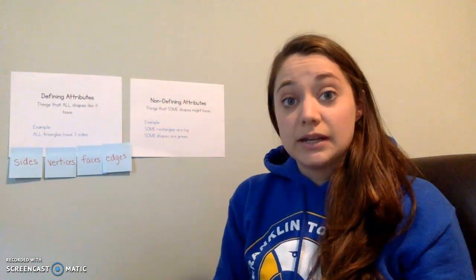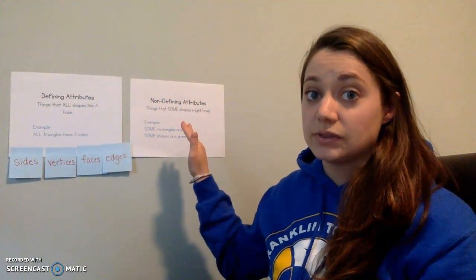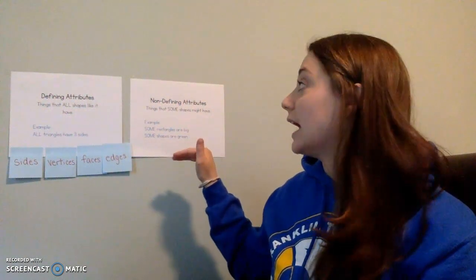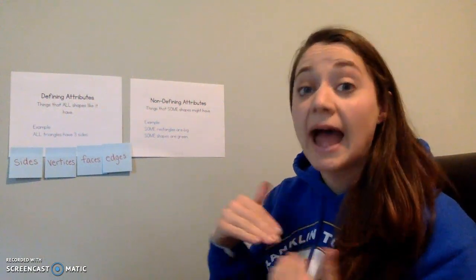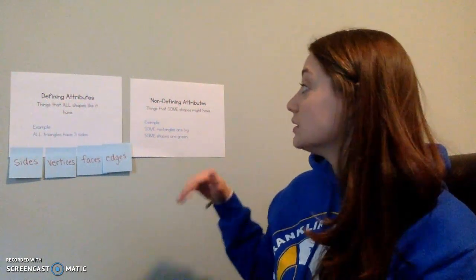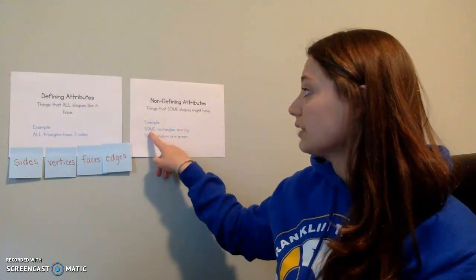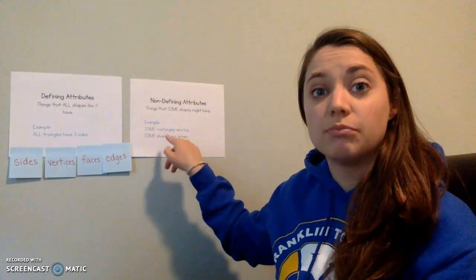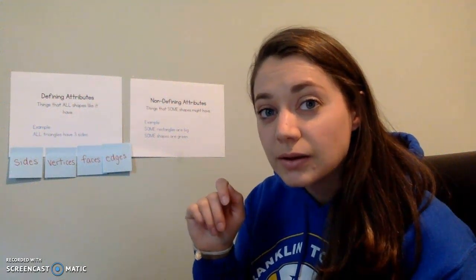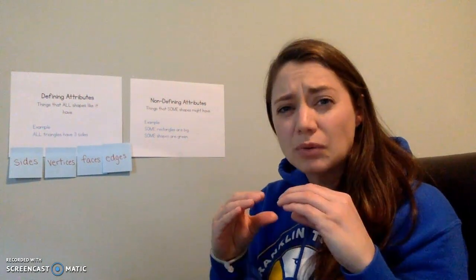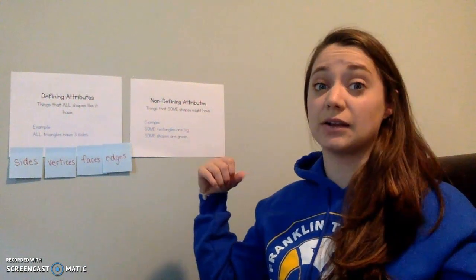The other one is non-defining attributes, and those are things that some of those shapes might have, but they don't have to have it, okay? So one example is some rectangles are big. Are all rectangles big? No, we know that there's small rectangles and there's huge rectangles, okay?